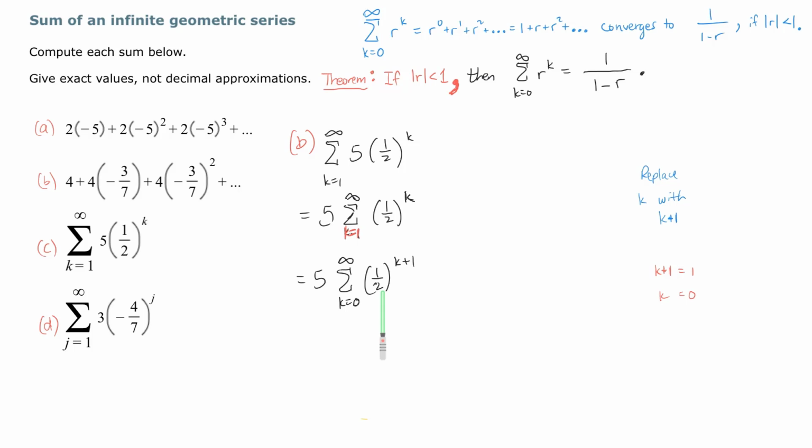Now, what do all these terms have in common? These all have a 1/2 in common. You could easily see that by mastering your rules of exponents. Now you can see there's a common term of 1/2. Every single term actually has this 1/2, so let's factor that out.